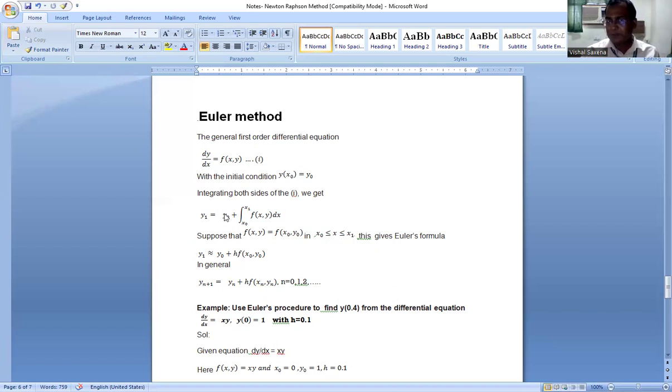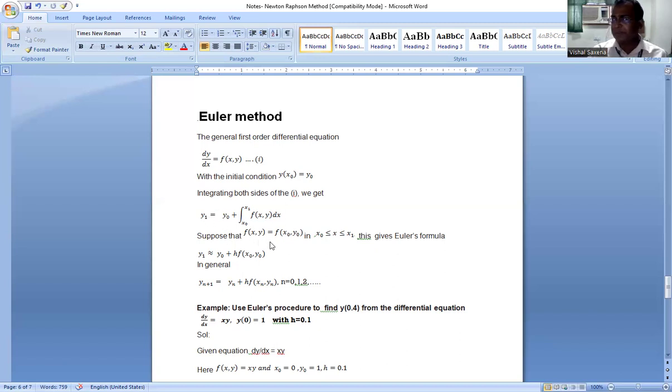Then this integration term gives us y1 equals y naught plus h into the function f(x naught, y naught).